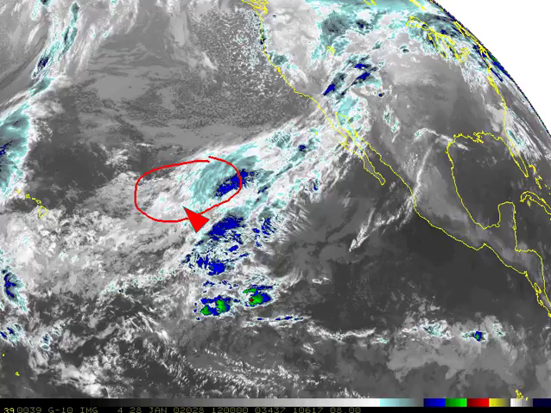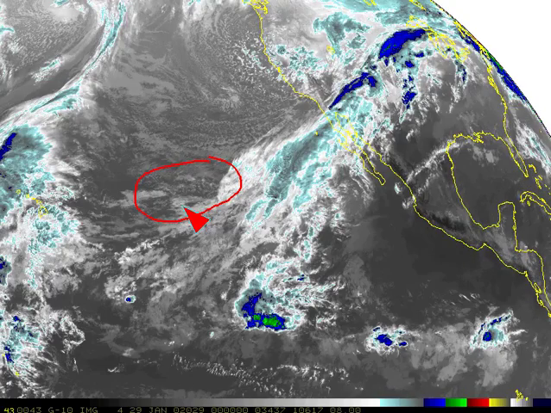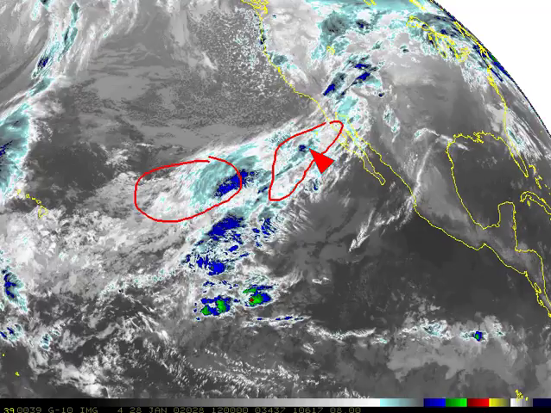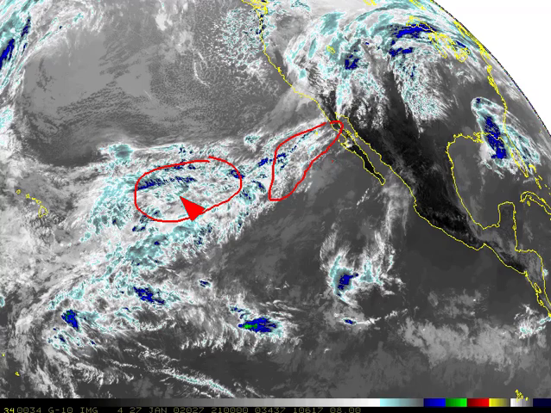And then a little bit later on, in this region right here, this would be referred to as an even appearance in the IR imagery. And this is when the clouds are deeper and extend to lower levels of the atmosphere. Precipitation is more likely when the cloud structure is more even compared to the irregular structure, such as what we saw earlier in this image.